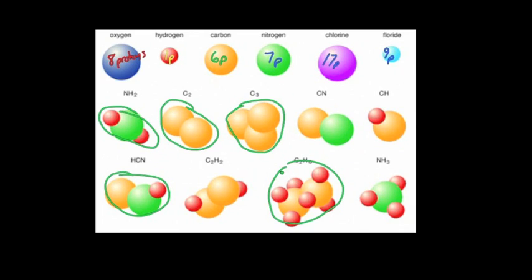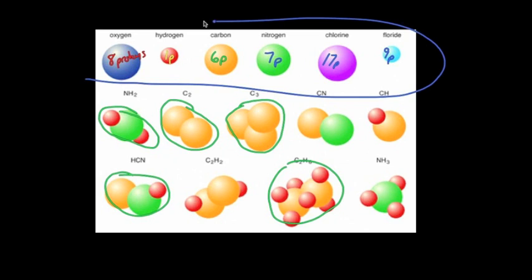All of these atoms have bounced around until they found a partner where they could either share electrons or give them away, and they've joined together to form molecules. So just as all these single atoms are bouncing around until they find somebody where they could share electrons with or take electrons from, all of these compounds or molecules are moving around as well.